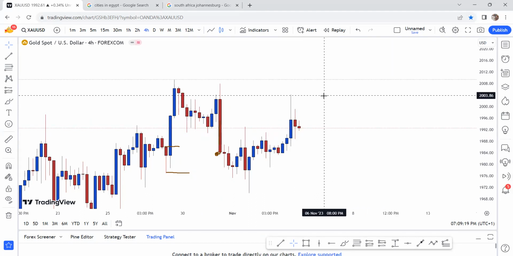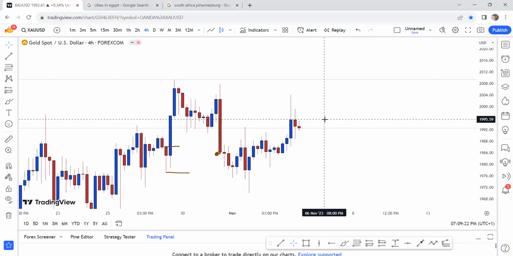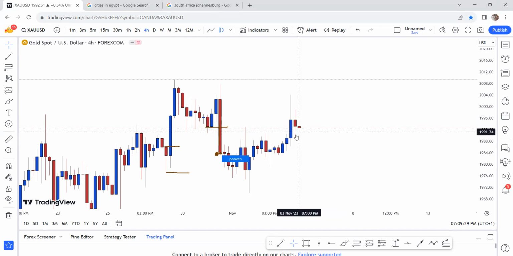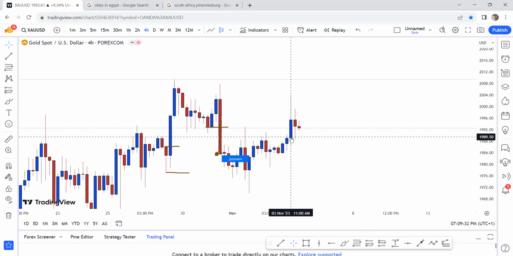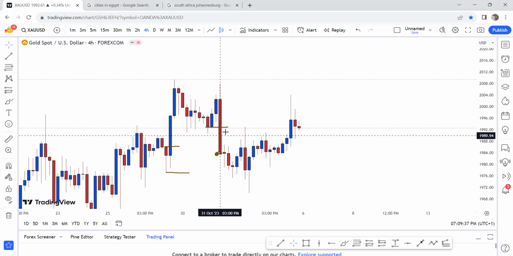So if there's an opportunity for a buy, we're going to find this as our first TP. Now when it comes inside here, what are we looking for again? We're looking for an H1 or M15 change of structure, isn't it? To buy it down to this level.